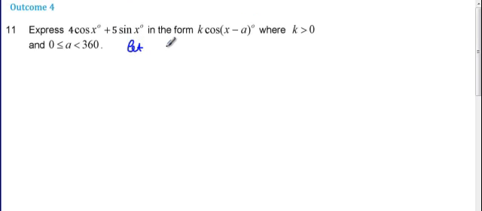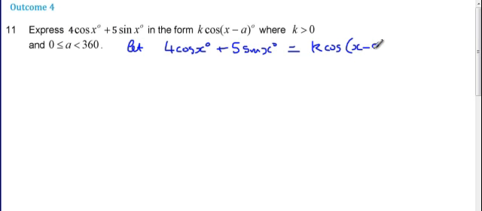To begin with, we let 4 cos x plus 5 sin x be equal to k cos(x minus a). Expanding k cos(x minus a) gives us k cos x cos a plus k sin x sin a.